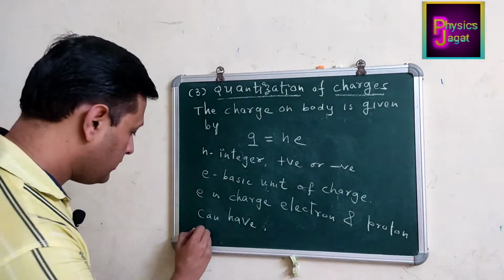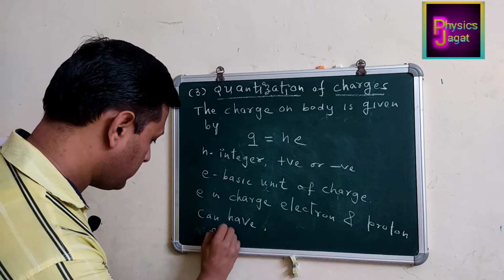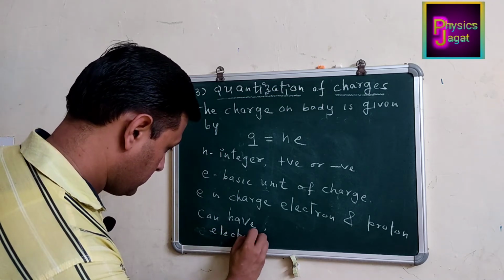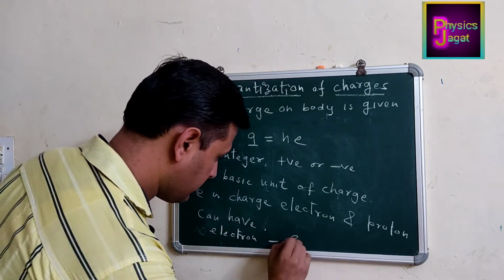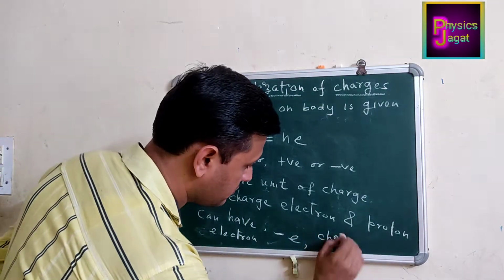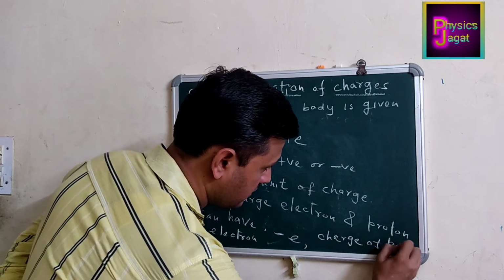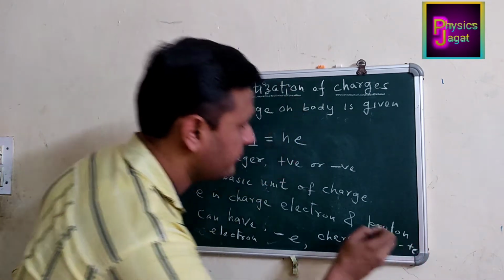Now conventionally, the charge of the electron is minus e, and the charge of the proton is plus e.